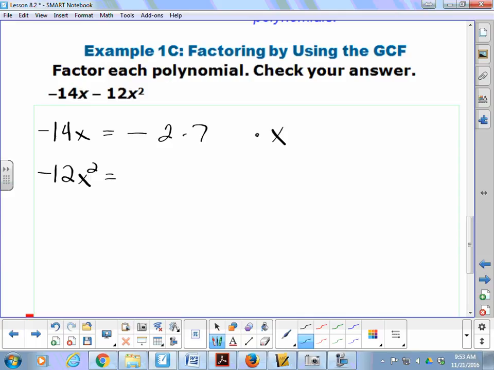Let's see, we have the negative first. What's the prime factorization of 12? 2 times 6, which is 2 times 2 times 3. And then we have 2 x's.